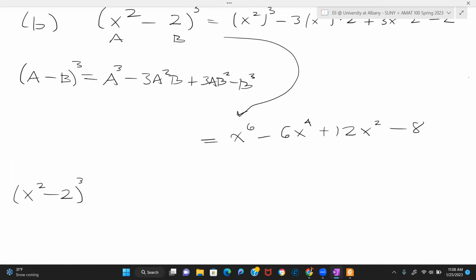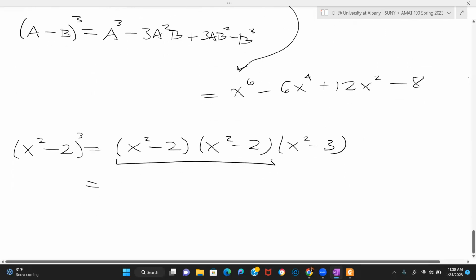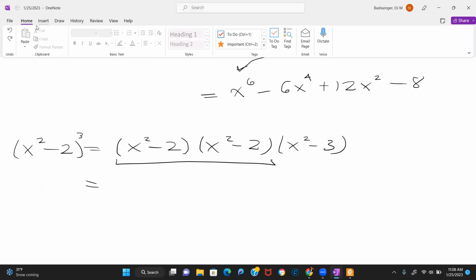So x squared minus 2, cubed is the same thing as this. I can write it like there's three of these factors repeated. Now I'm just going to FOIL on this, and this one kind of goes along for the ride, and that's not a 3, that should be a 2, sorry.